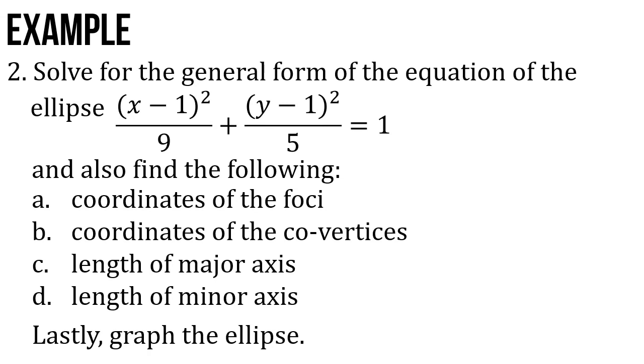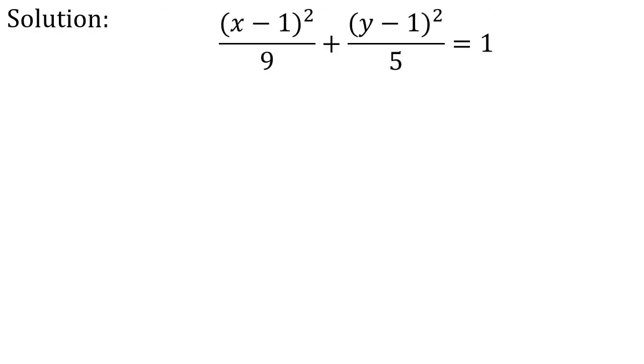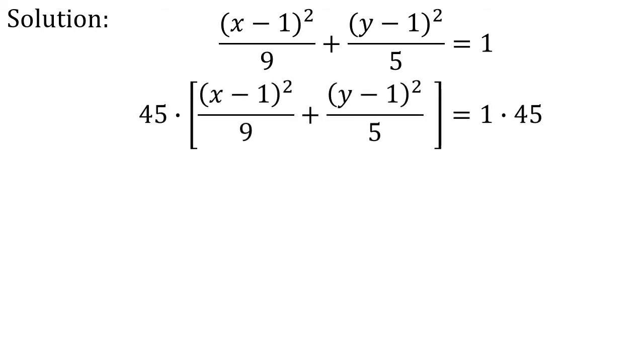Okay, so here in number 2, we will be based from our obtained data or answers from number 1. Now, let's proceed. The standard form of the equation is (x - 1)² over 9 plus (y - 1)² over 5 equals 1. Since the least common denominator is 45, let us multiply both sides of the equation by 45.